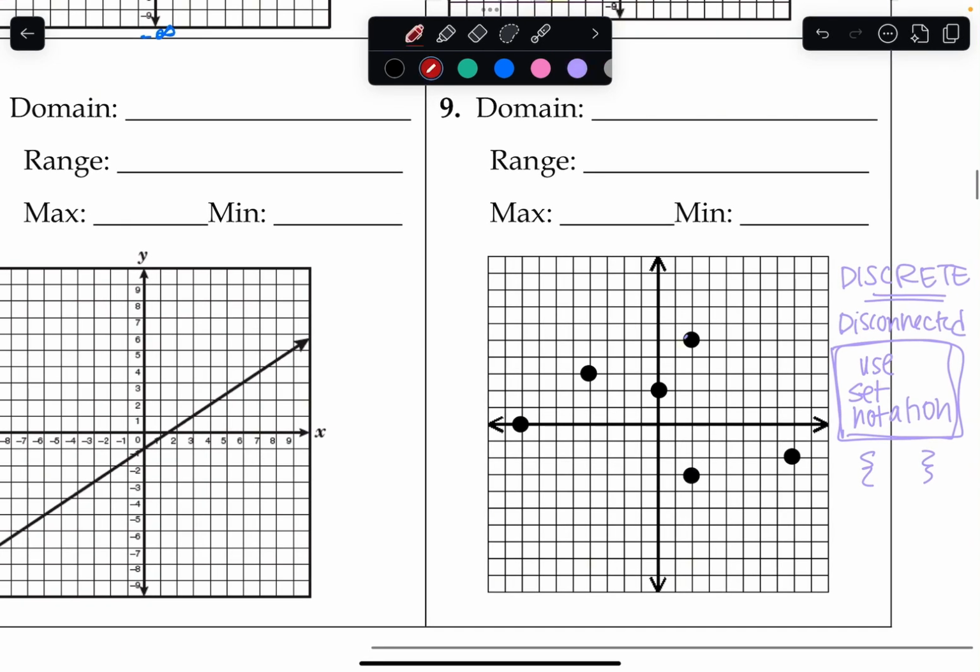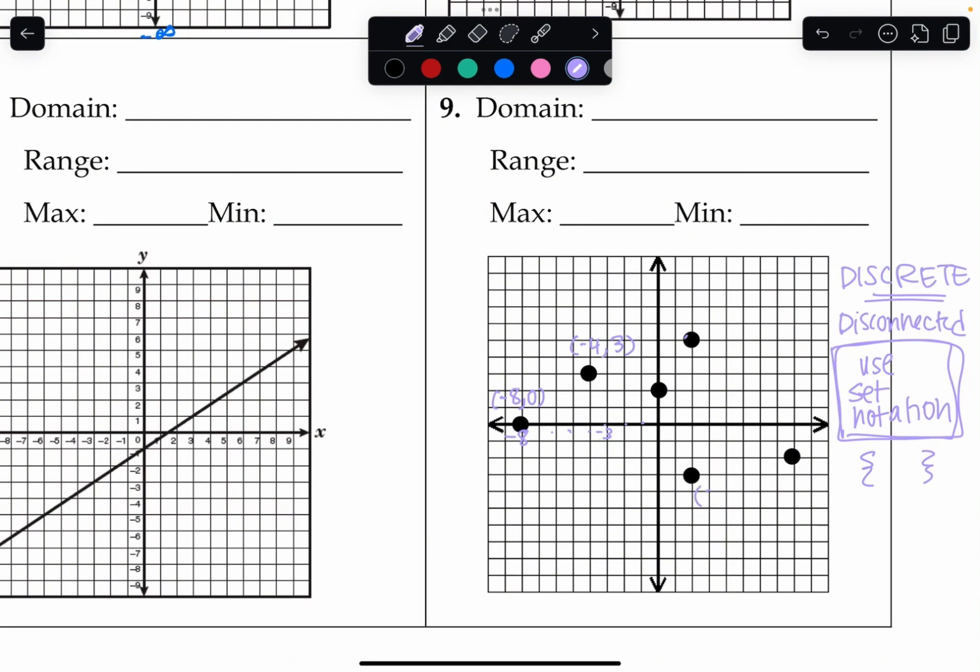And so for my domain, sometimes I like to go ahead and label all the points. So this is -1, -2, -3, -4, -5, -6, -7, -8. And so this point is (-8, 0). This is (-4, 3).